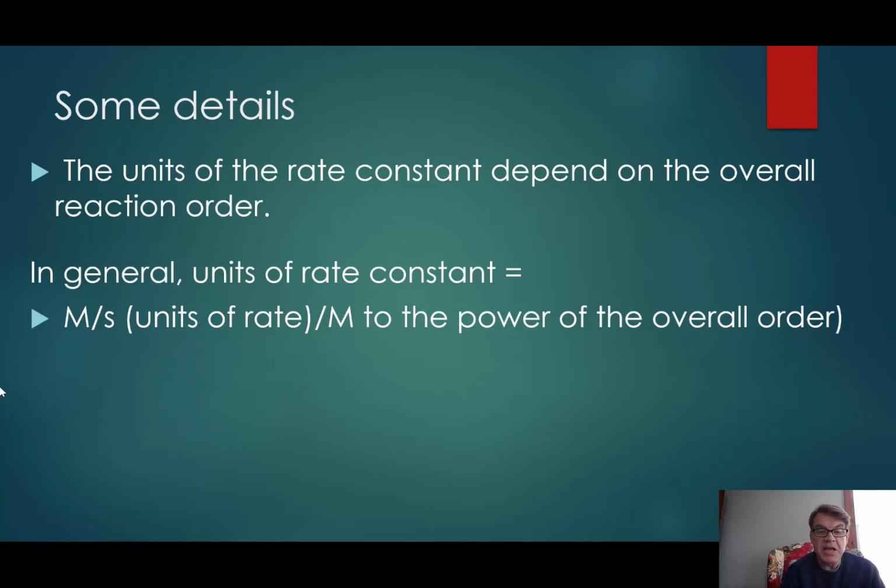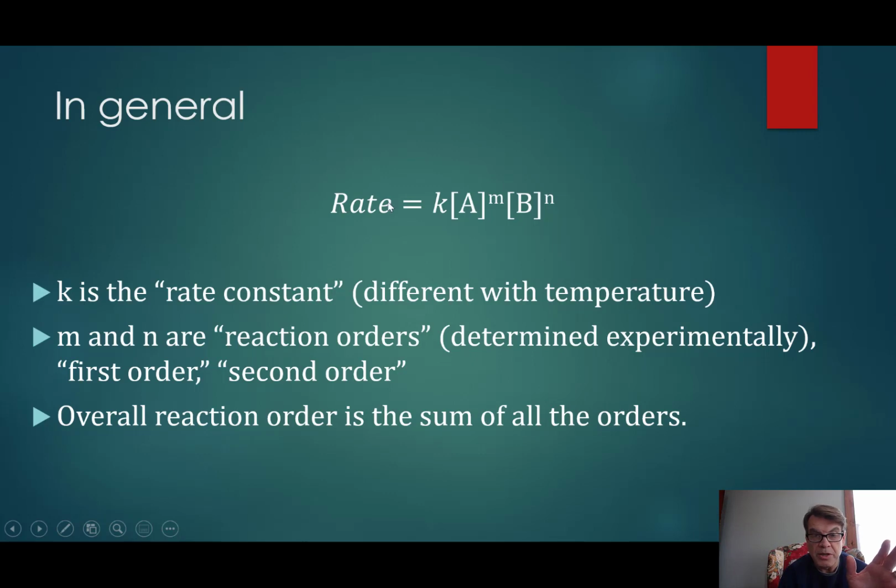But this makes sense because if you look at the equation here, what are the units of the equation? Well, you've got the rate in molarity per second, and then you've got the concentration, which is going to be molarity to a power. So if you have molarity to a power and molarity to a power, the overall reaction order is going to be the powers added together.